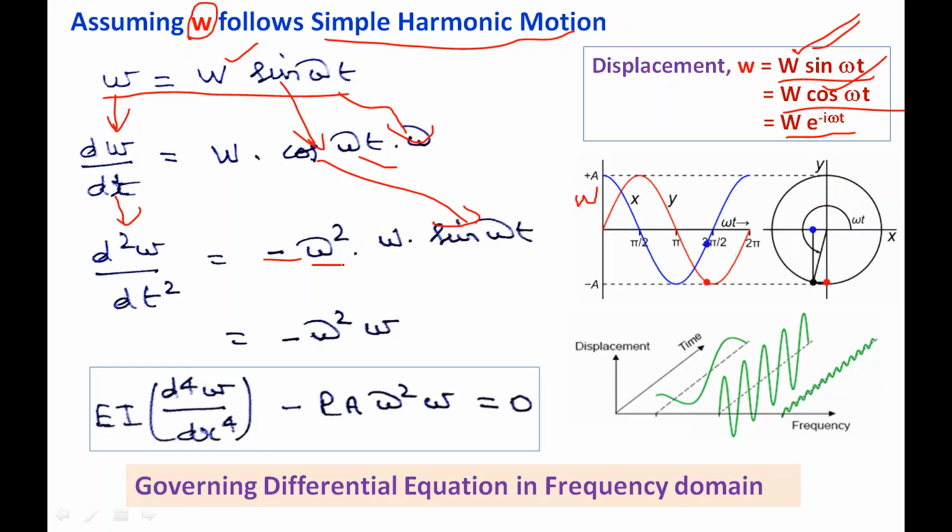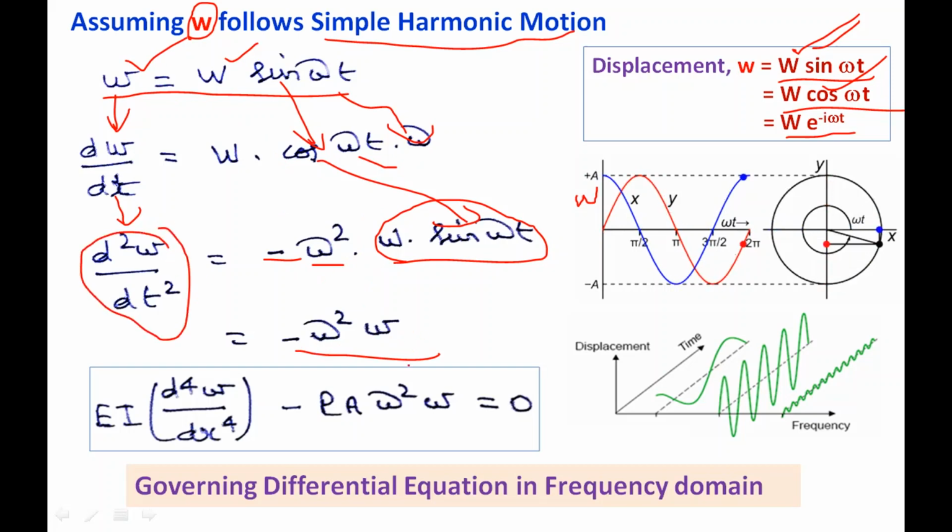This W sin omega t is nothing but W of x, so we are getting minus omega square W. So d square W by dt square can be replaced with minus omega square W.